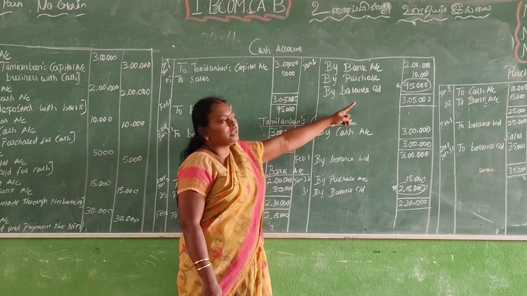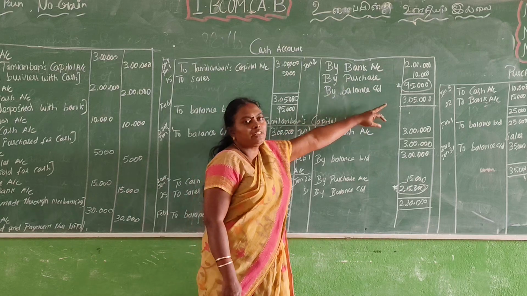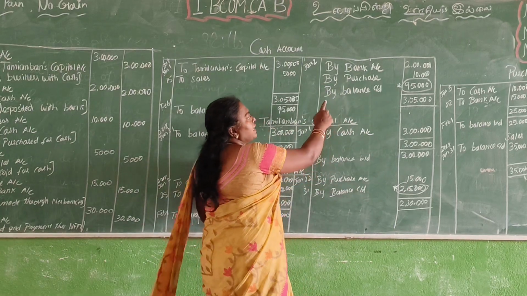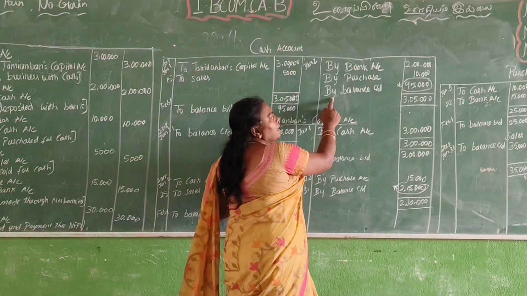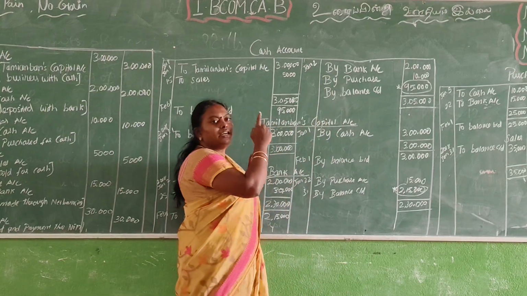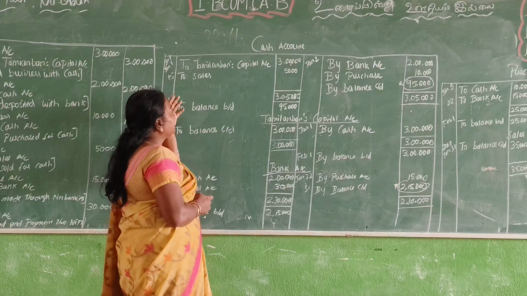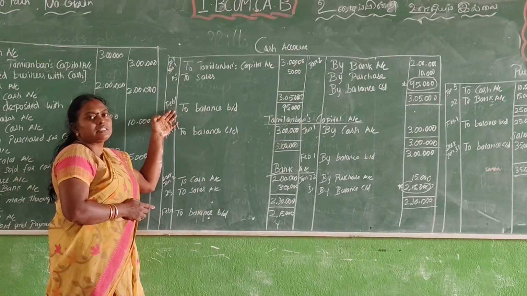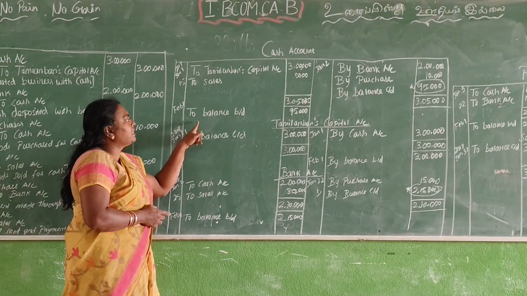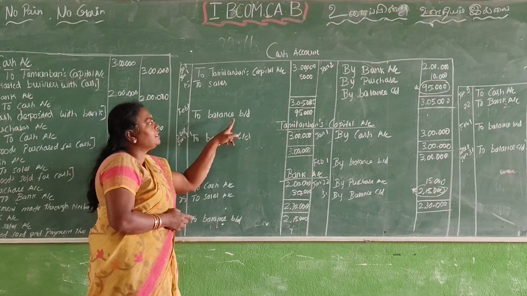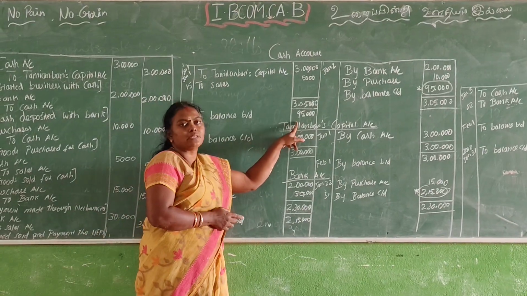What will be the amount? 95,000. This 95,000 is named as balance carried down at the end of the month. This balance carried down will be transferred to the next month starting February 1, and it is named as balance brought down rupees 95,000.